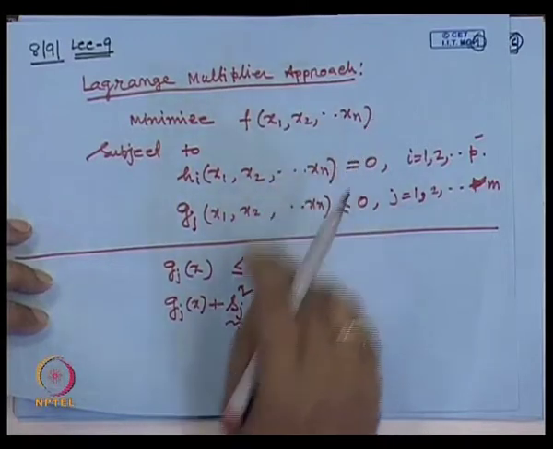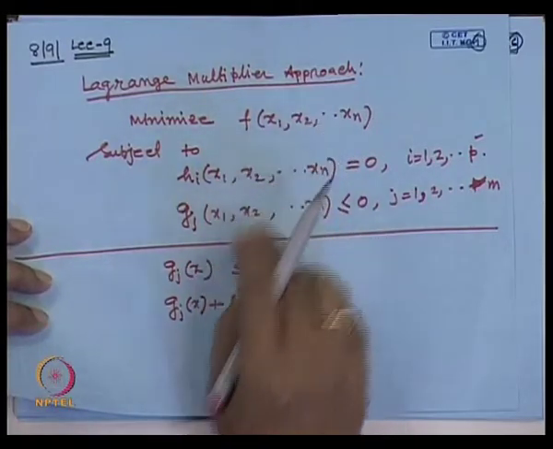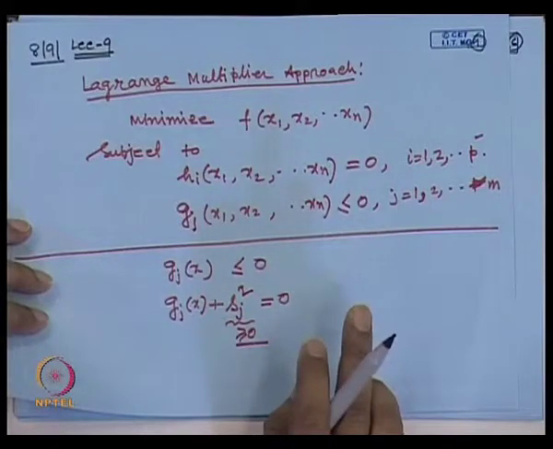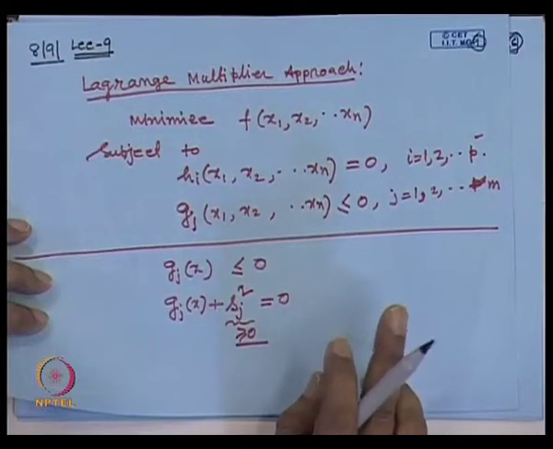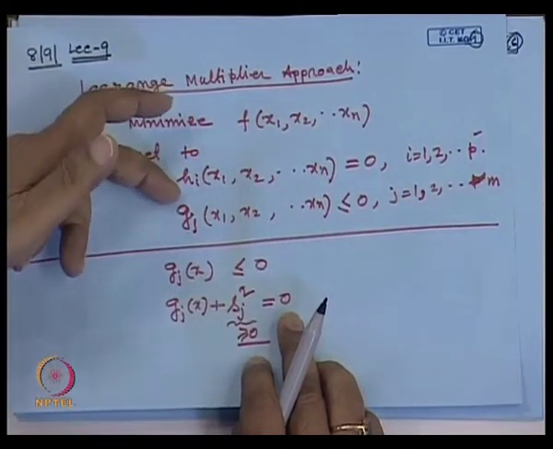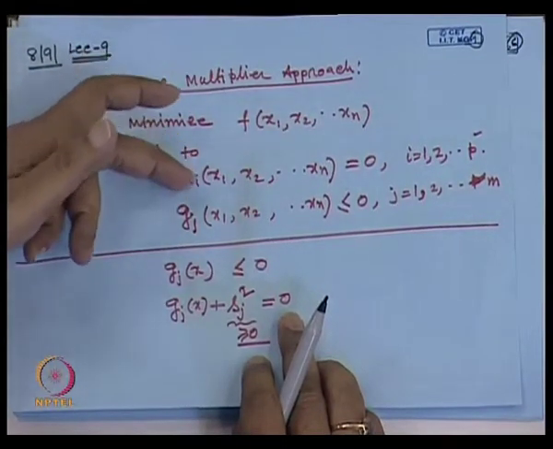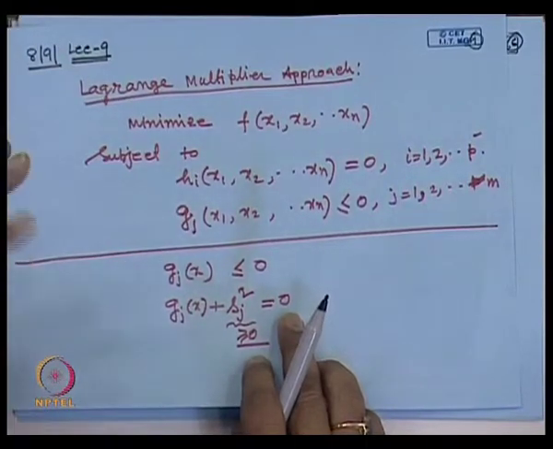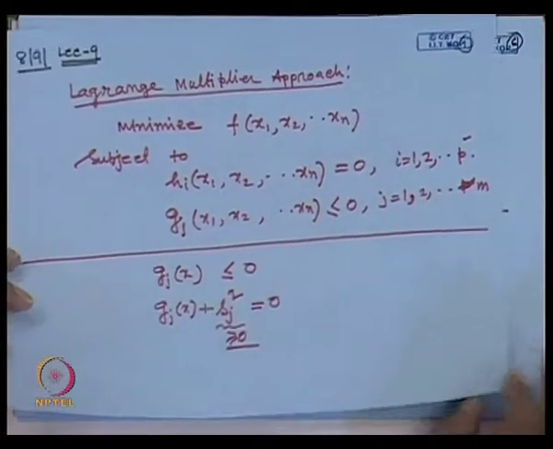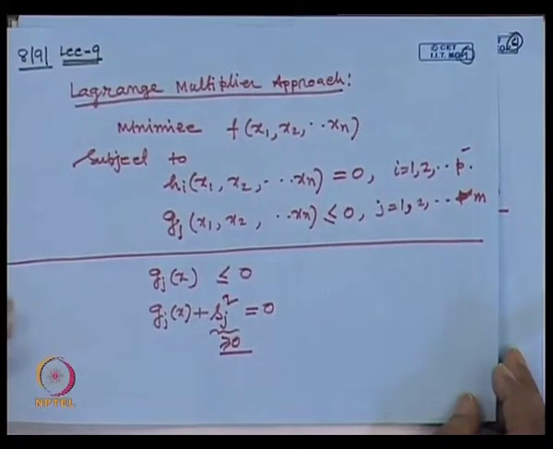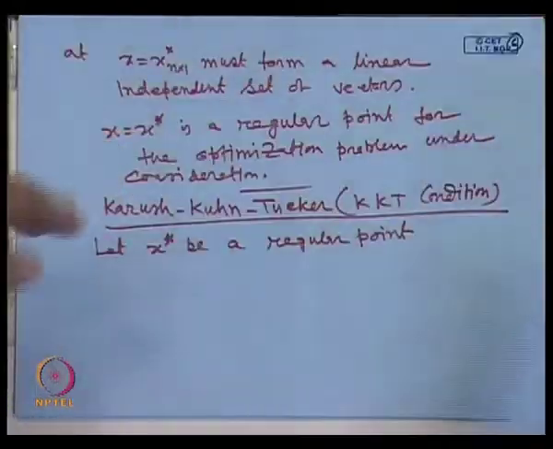If you find the gradient of these functions at x equal to x star, what vectors will you get? Because the function is a scalar, if you differentiate it with respect to a vector, you get a vector. If all these vectors are linearly independent, then I will call x star a regular point of the optimization problem under consideration.